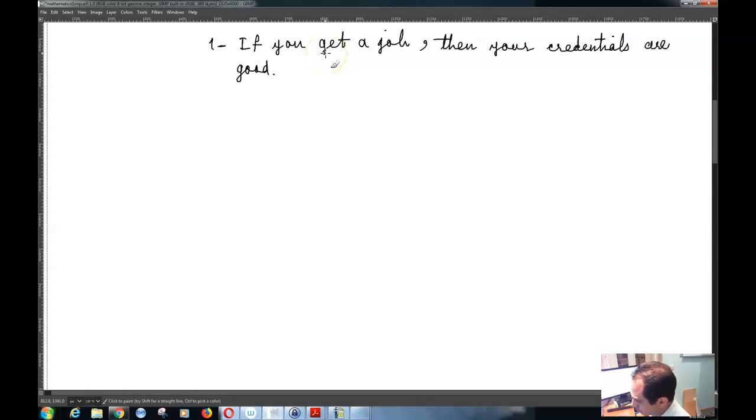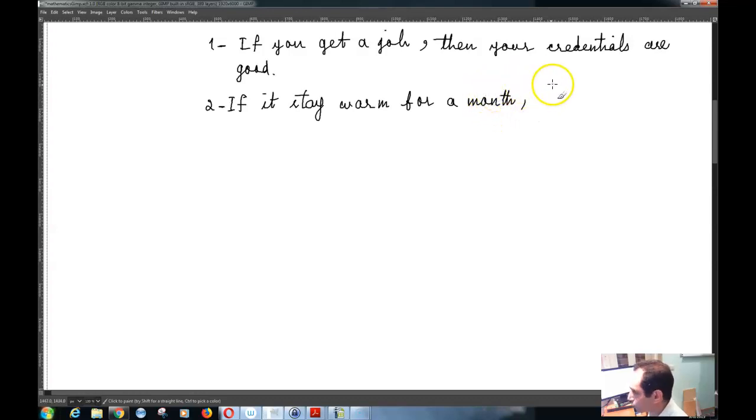So you can say that if it stays warm for a month, then the banana tree will bloom.